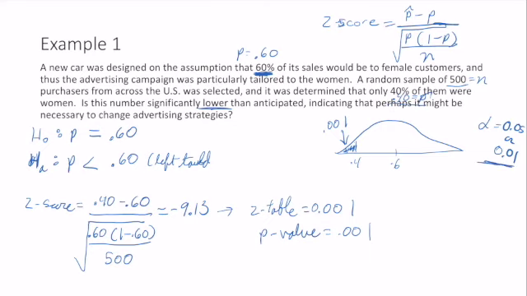That means 1 out of 100 as opposed to 1 out of 20. So in this case, my p-value is less than 0.01, right? That's really tiny, that this happened by chance. So this allows me to reject H naught at the 0.01 significance level.